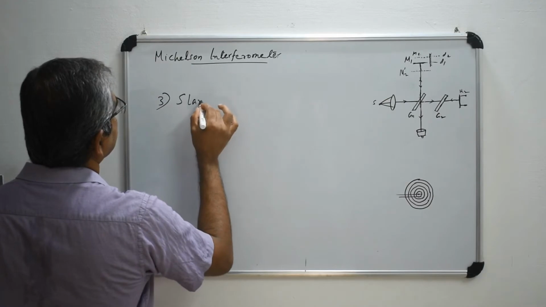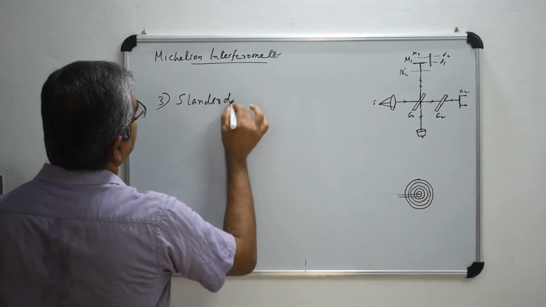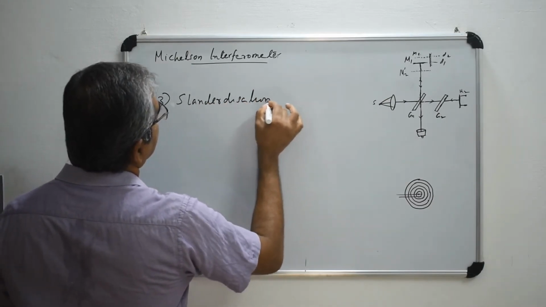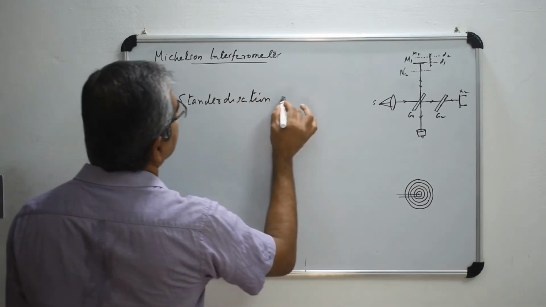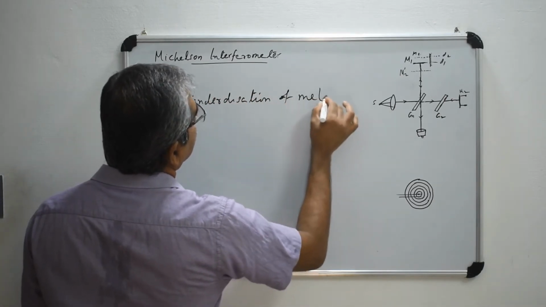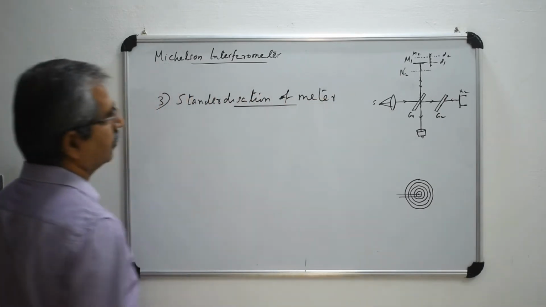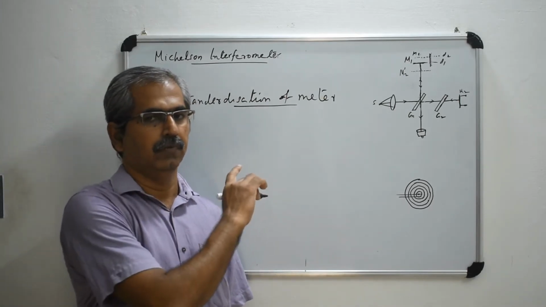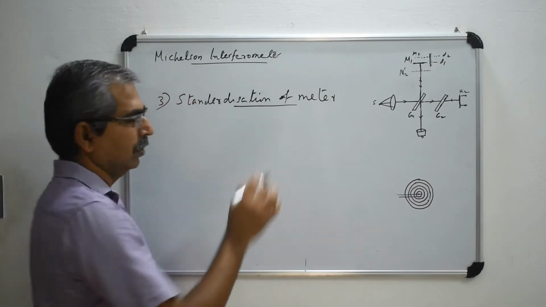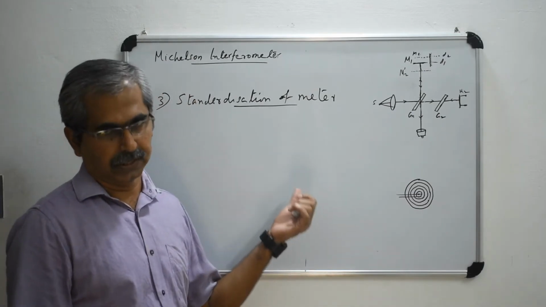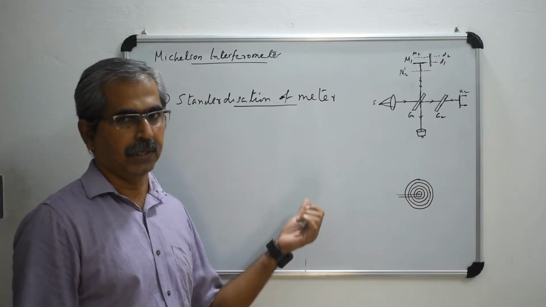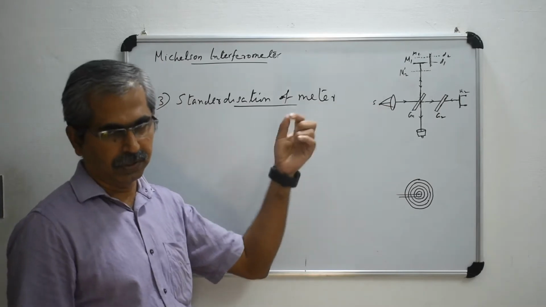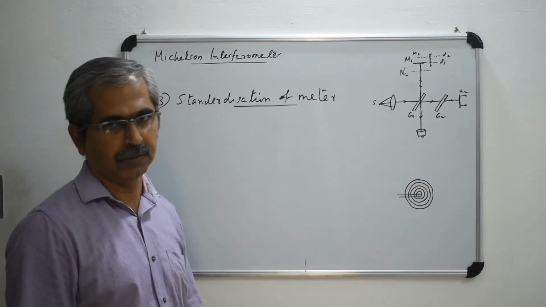In the first application, I told you the wavelength of light can be obtained very accurately from the Michelson interferometer.